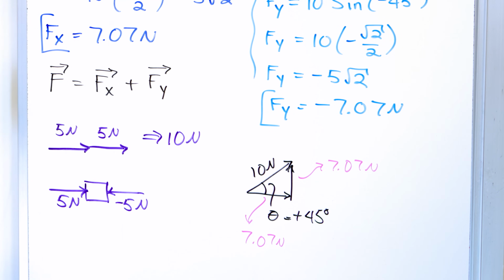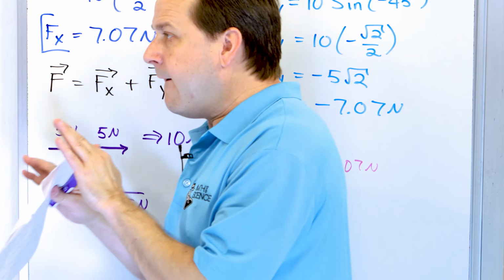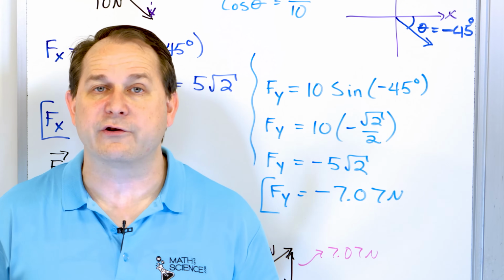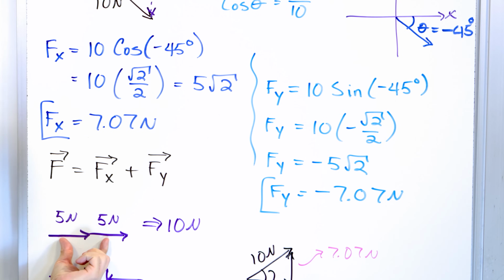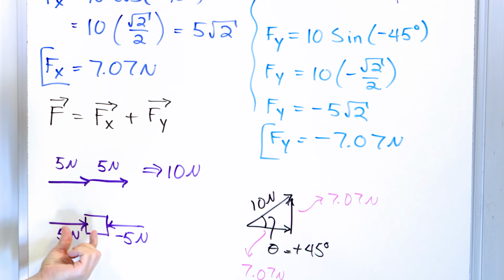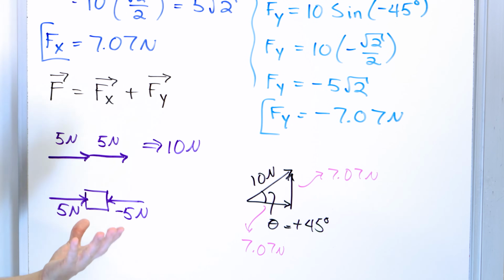So when you add these together, this block is not going to move at all, because 5 newtons this way and 5 newtons this way cancel each other out. Really, you subtract them, right? When the forces are exactly lined up, of course you can add them. If they're lined up the other way, you're still adding them, but because one is negative, you're really subtracting them. And so the block doesn't move.